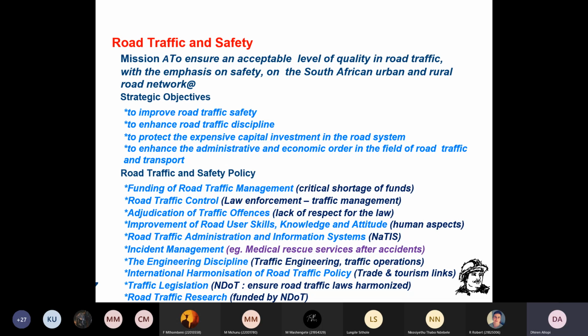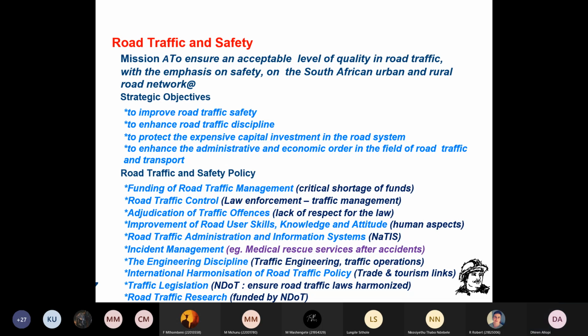Okay? So road safety policy, like I said, certainly funding, one needs to make monies available. There's always a shortage of funds. It's always a debate for national, how much to give for transport, for education, water, so forth.